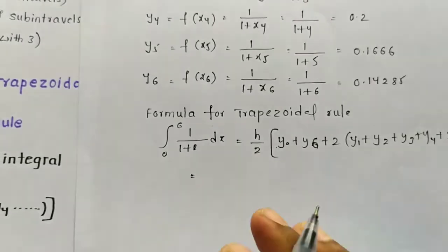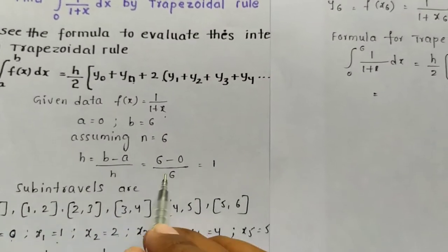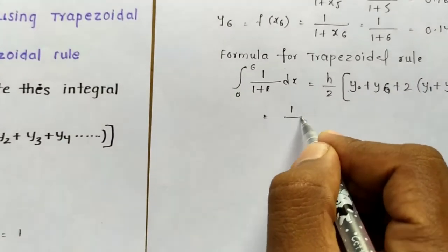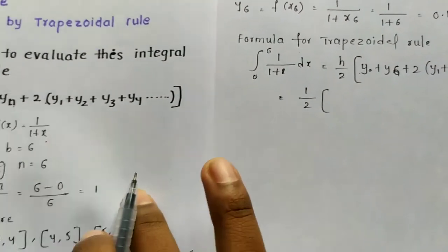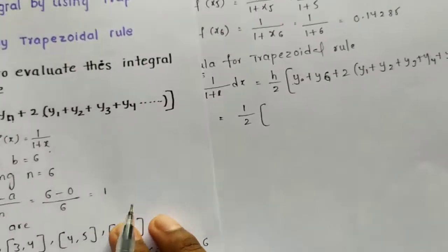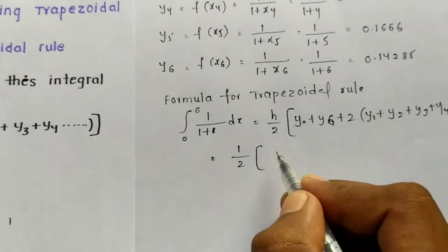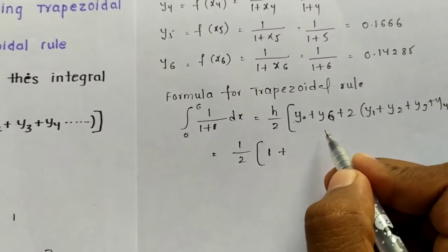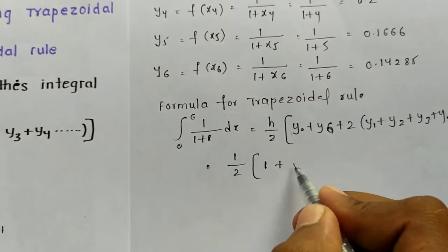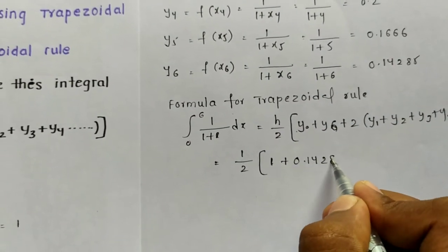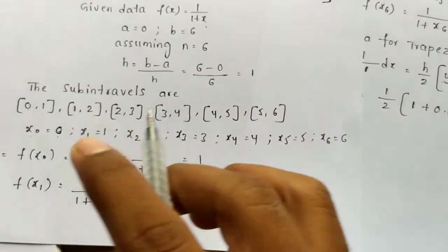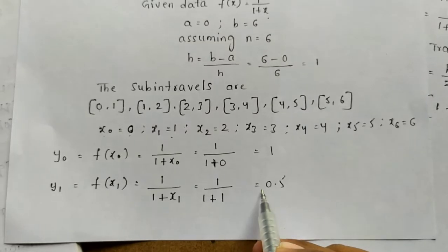Here the value of h we already know is 1. Substitute this h value in the formula: 1 by 2 into y0 value, which is 1, plus y6 value, the last value, 0.14285, plus 2 into y1 value, which is 0.5.